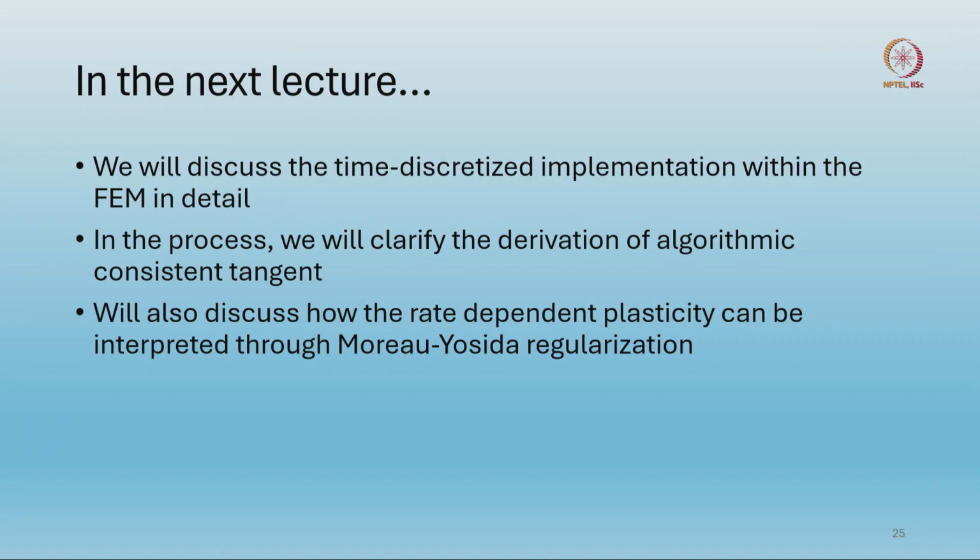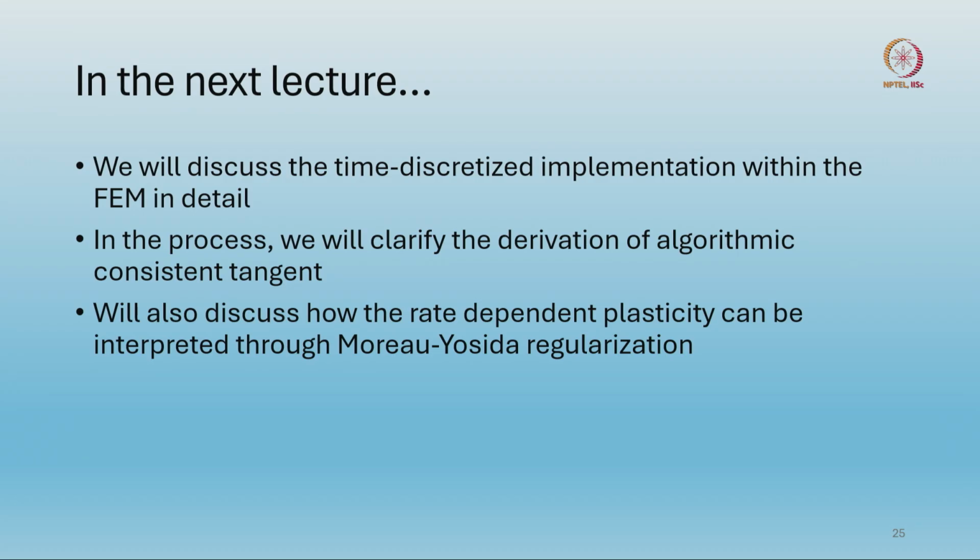Why is consistent tangent important? Because this consistent tangent determines the Hessian structure, Hessian, that is the curvature like object, which in turn can be used within a Newton-Raphson like scheme to expedite the convergence to quadratic level, that is the convergence will be quadratic, unlike gradient based techniques, where only linear convergence is possible.